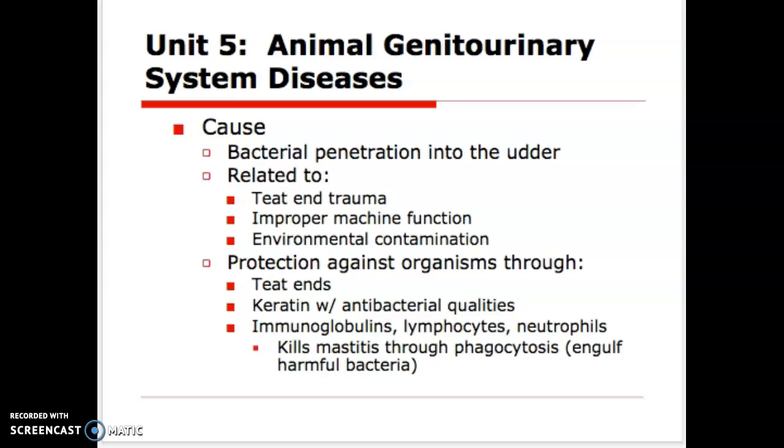So you have to be aware of all the types of things that you need to have protection against, whether it's maintaining good teat-end, making sure that the animal is on a high health plane, because they need to have immunoglobulins. They need to be able to fight this stuff off and kill mastitis causing pathogens themselves. That's called spontaneous recovery. But sometimes it just overwhelms them, and then we have a problem.